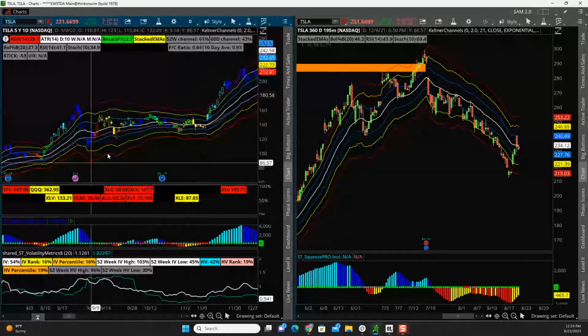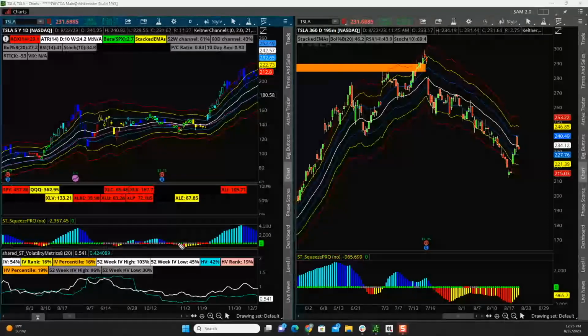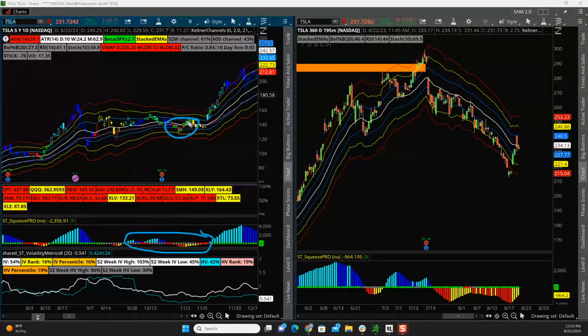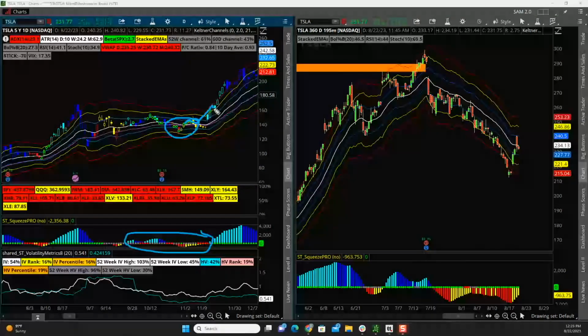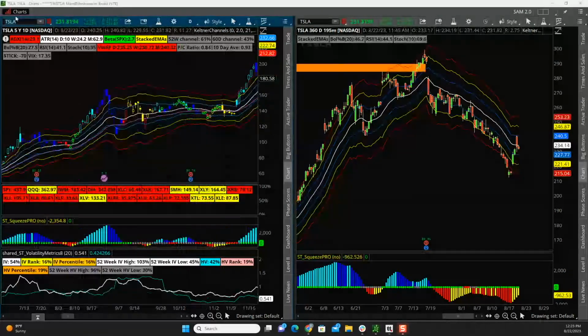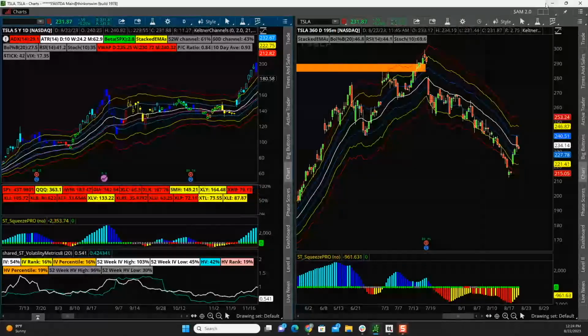So you see how Tesla was in a squeeze right here for a long time, and you start to get these dots. The dots basically indicate that the squeeze is getting ready to fire, and then ultimately, look, it did fire. And you can see that on any of the tickers that you may have interest in playing. So it gives you a heads up when and how things are going to fire.